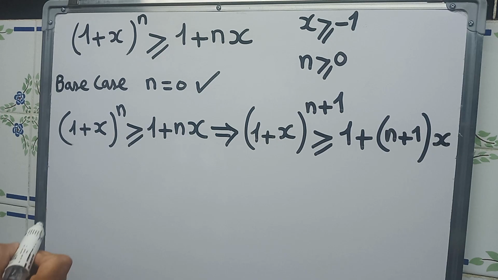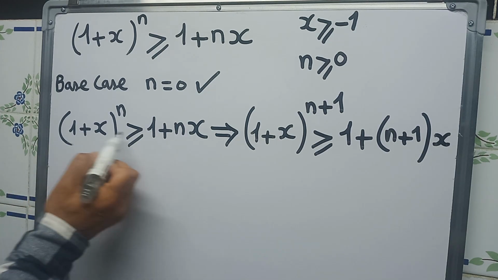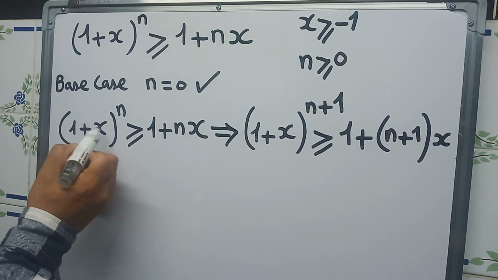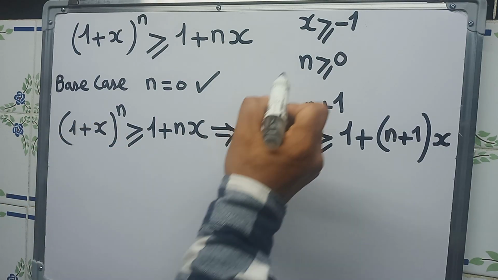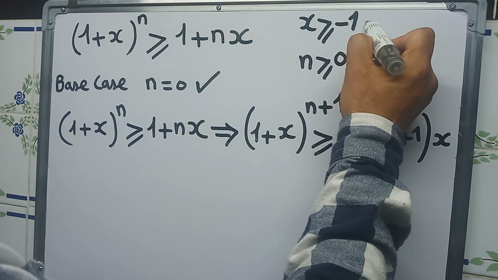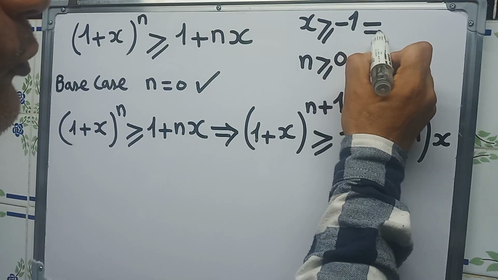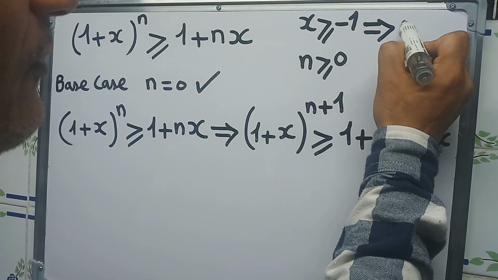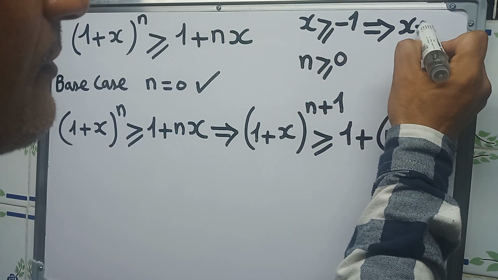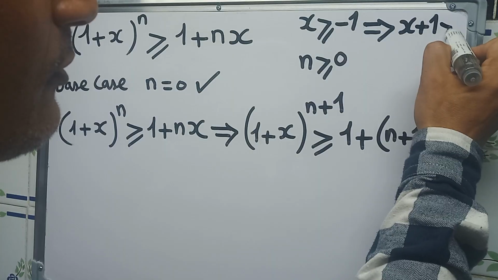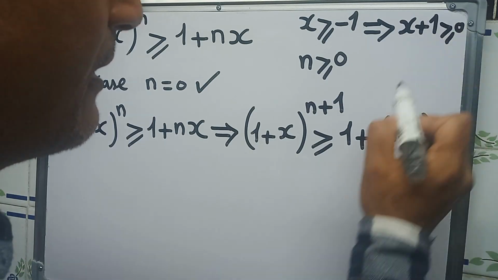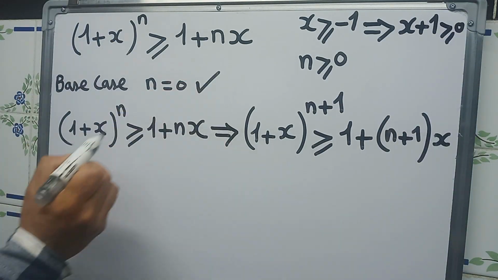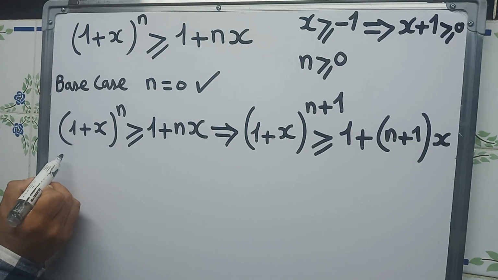Of course, since we have this inductive hypothesis, we will just multiply by 1 + x. Since here we have x greater than or equal to -1, we will have x + 1 is a non-negative number, meaning here that we can multiply by x + 1.